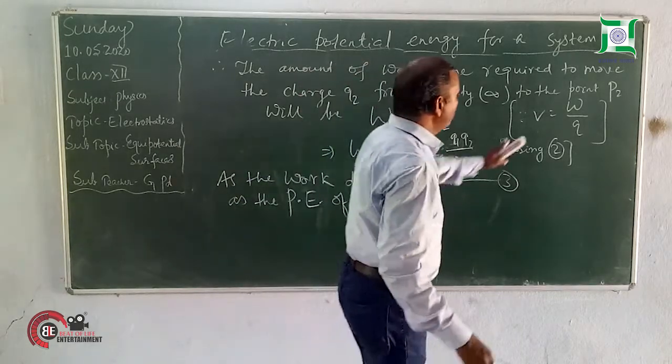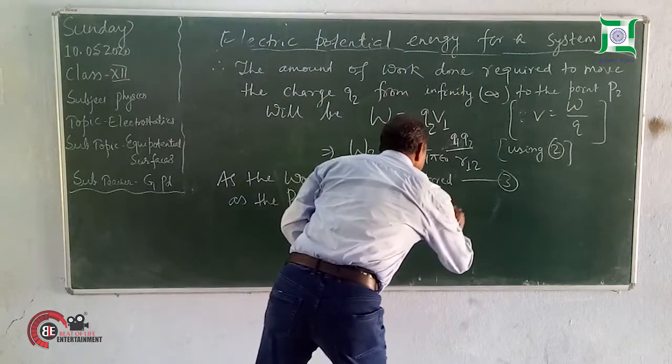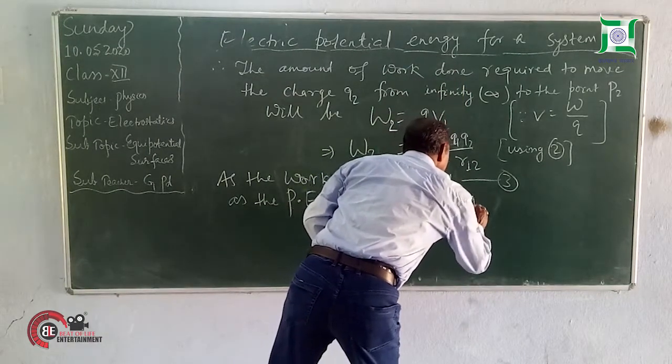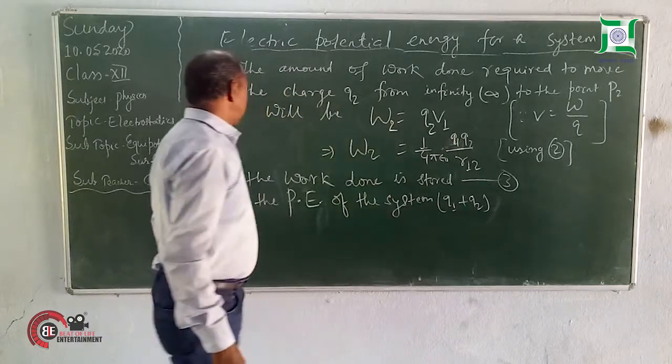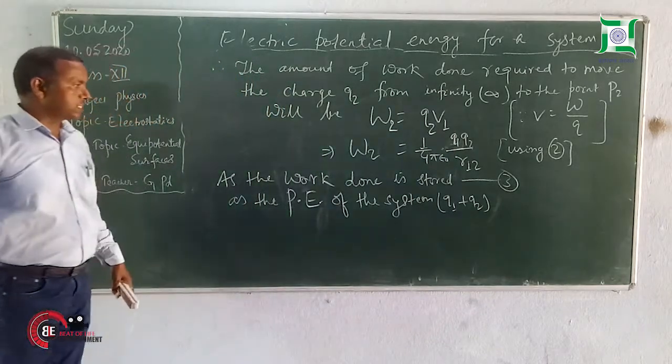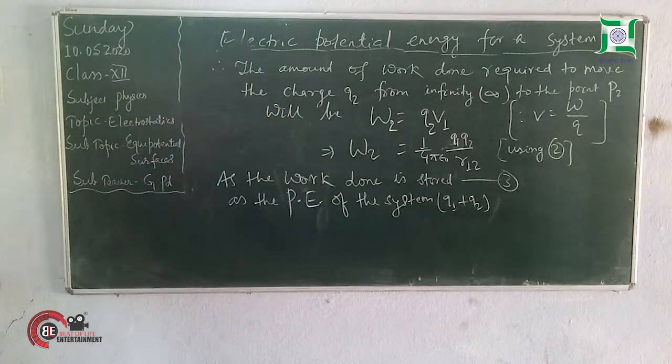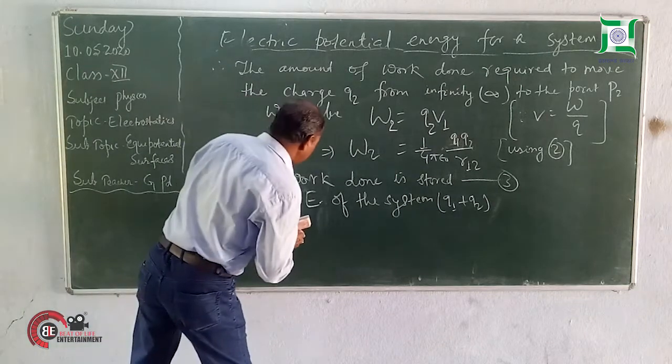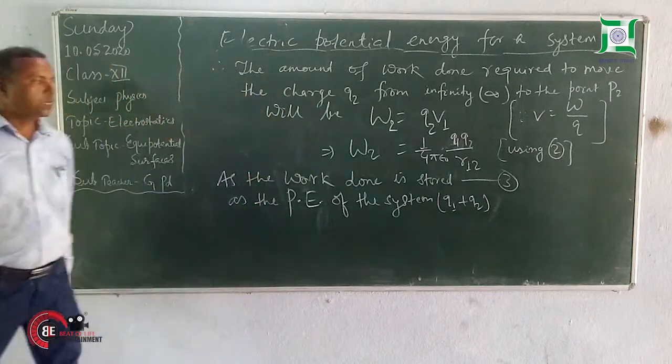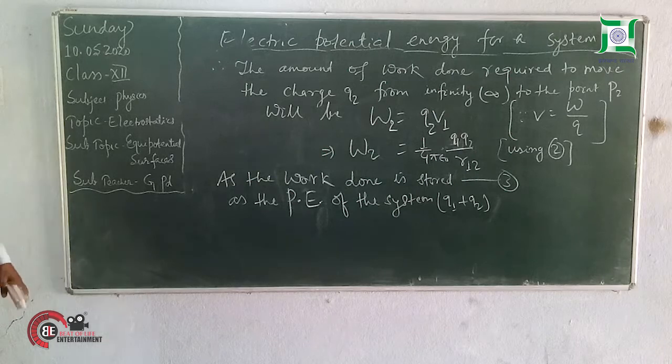We have a system of 2 point charges, Q1 and Q2. The work done is stored as the potential energy of the system of charges Q1 and Q2.